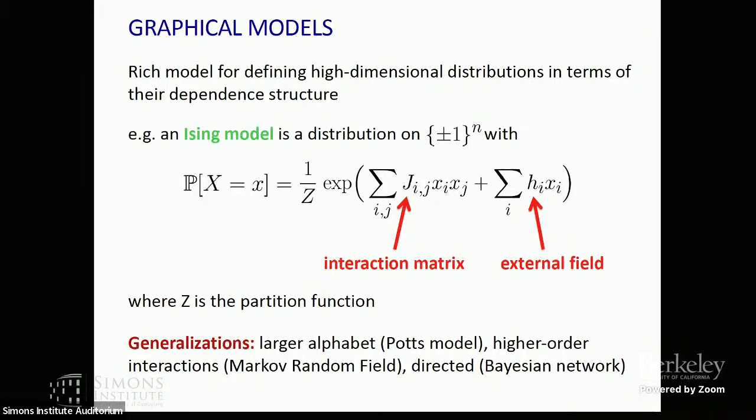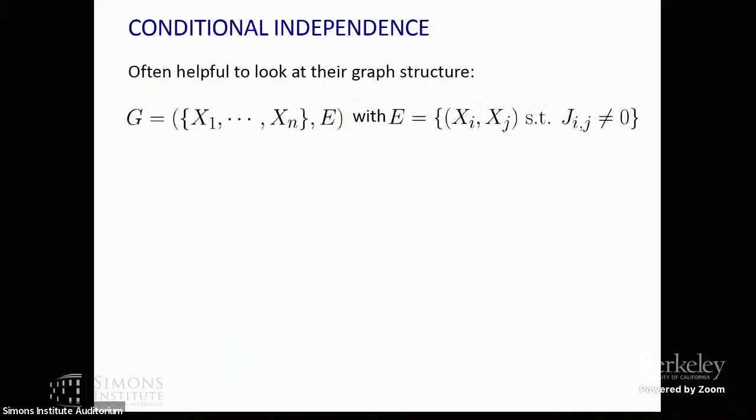And of course, you could make it directed, in which case you could talk about things like Bayesian networks. Now, the important thing is that underneath this probability distribution is a graph, and that this graph captures the conditional independence structure. The usual thing that we do is we take our distribution, and we define a graph on variables x1 through xn.